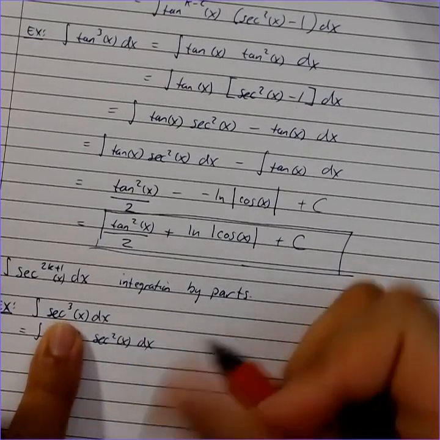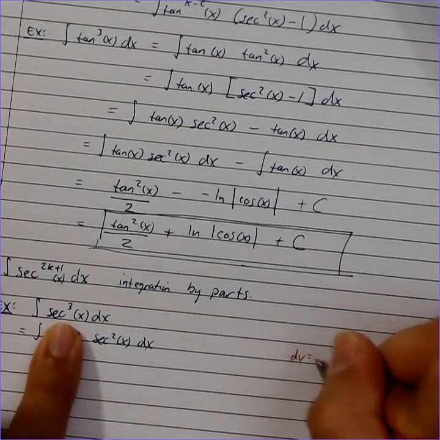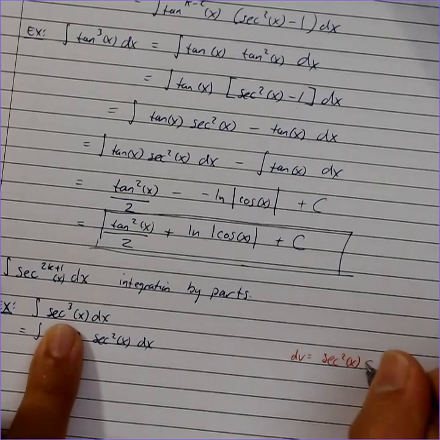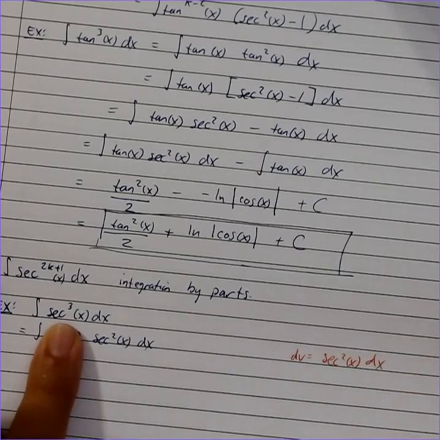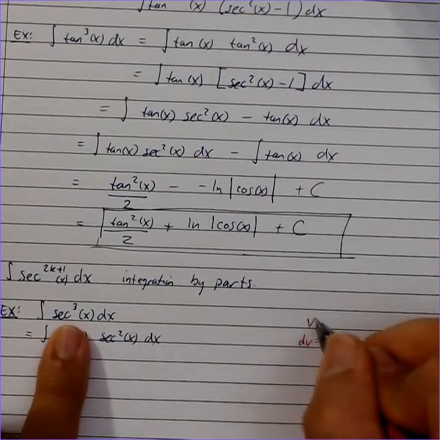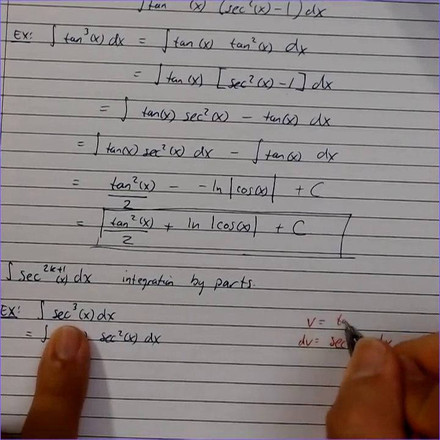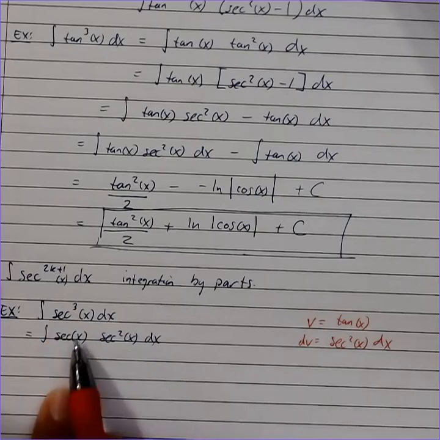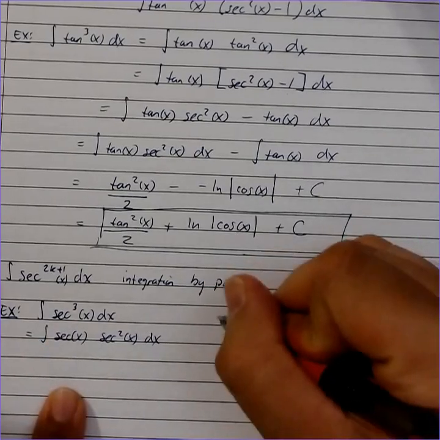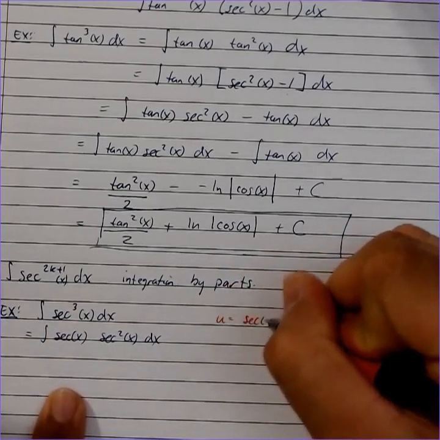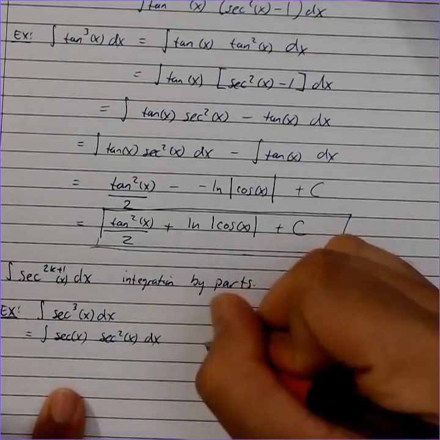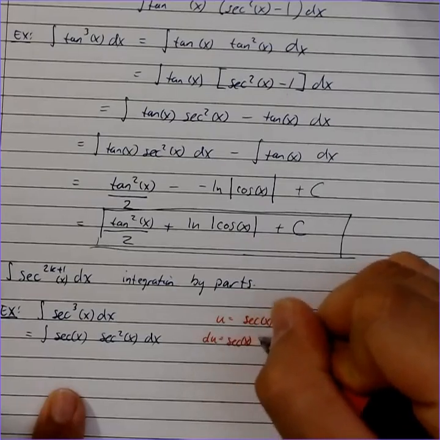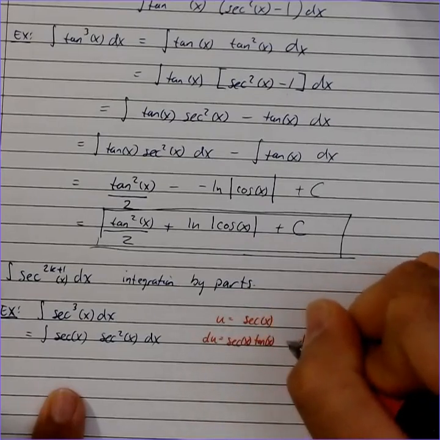So dv is secant squared of x dx, which means v is the integral, which is just the tangent of x. If that's your dv, then this must be your u. So u is equal to the secant of x, so du must be secant of x tangent of x dx.